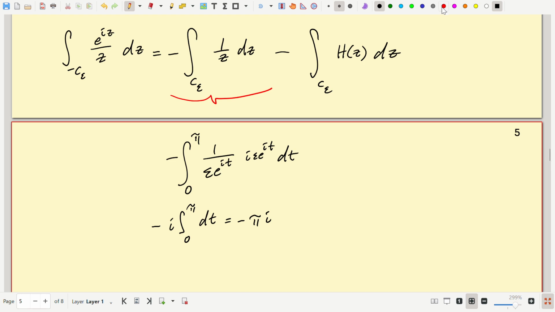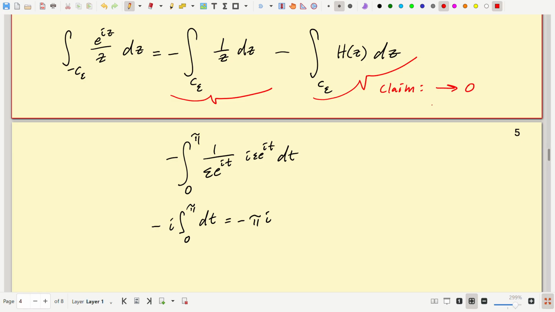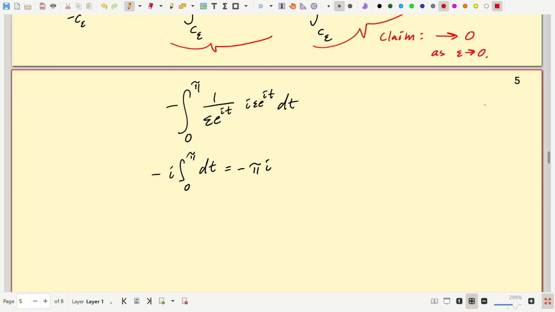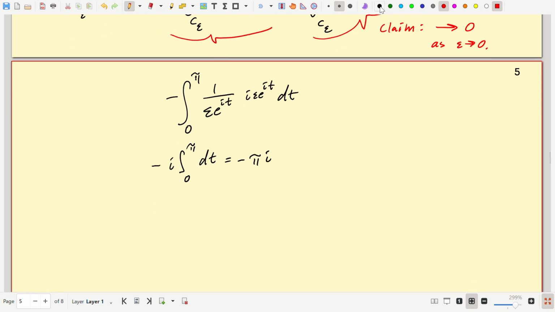And I claim that this one's going to go to 0. And that's because h of z being entire, of course, that's a bounded function in there. And so I'll be done when I show the integral around c sub epsilon h dz tends to 0.